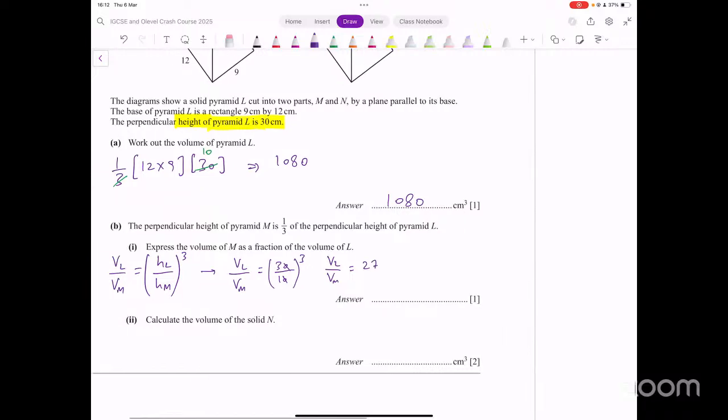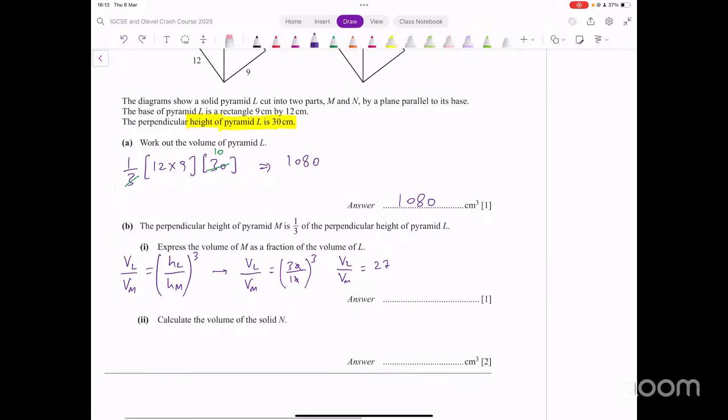Okay, now what are they asking for? They want us to express the volume of M as a fraction of volume of L. I should have read this earlier to basically switch these. That would have made this quicker.